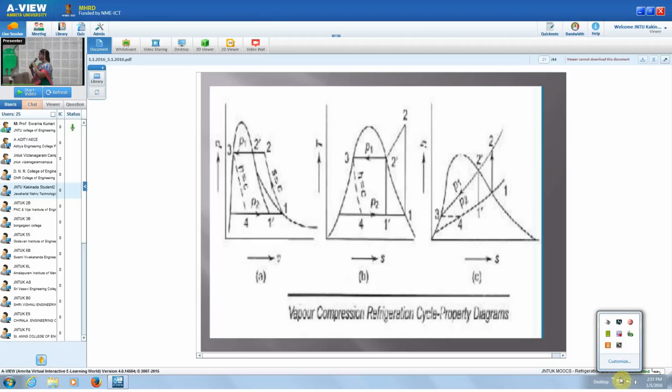At the suction of the compressor, the refrigerant may be in saturated condition. At the discharge, it may be superheated condition. Or otherwise, at the suction of the compressor, it may be in wet state, or at the discharge of the compressor, it may be in the superheated condition. So, for all this, you have to first find out all the 4 enthalpies. Okay. So, 3 enthalpies are sufficient and the other one, H4, is nothing but H4 is equal to H3. Next.